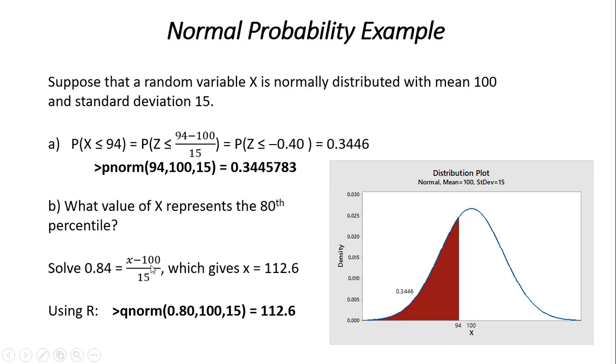We set this equal to x minus 100 over 15. We'd work this out and get 112.6. Using R, we would have the code Q norm, 0.80. This is the percentile that we're interested in. And then we have 100, 15. We get 112.6.